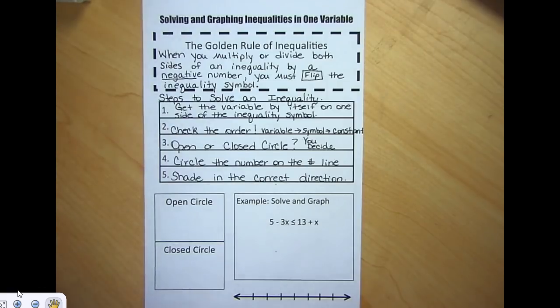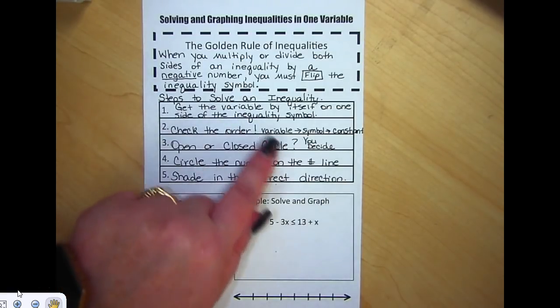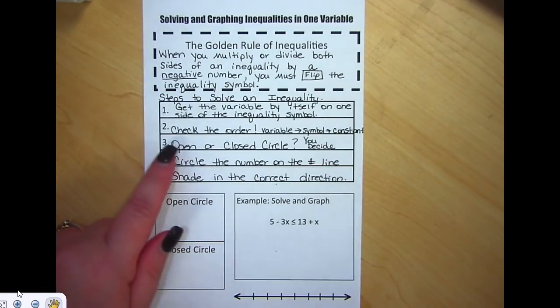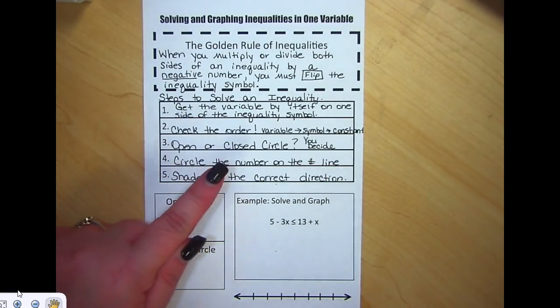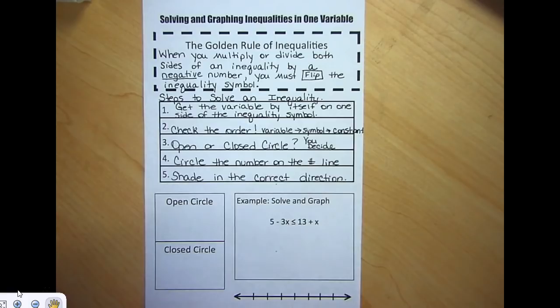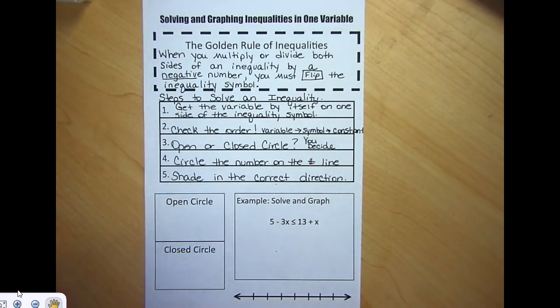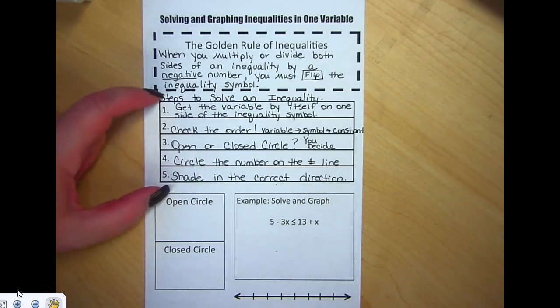Get the variable by itself on one side of the inequality symbol. Check the order. Make sure it says variable, symbol, constant. You need to then decide if it's an open circle or a closed circle. Then you have to circle the number on the number line, and then you have to shade in the correct direction.